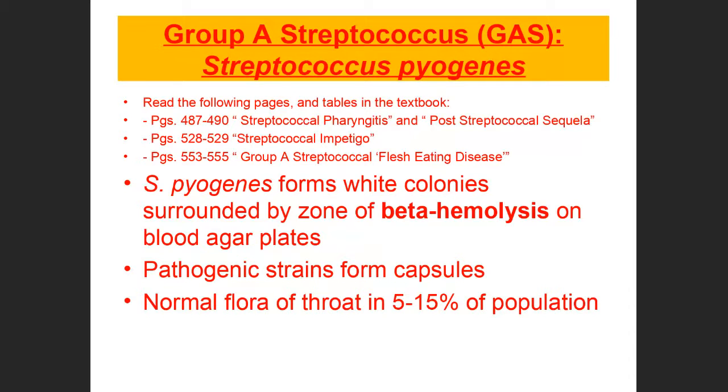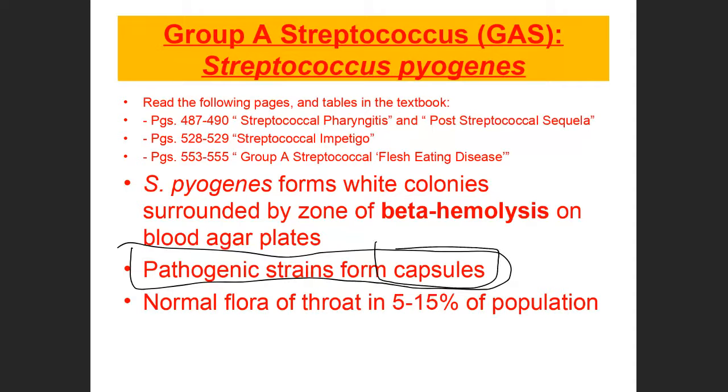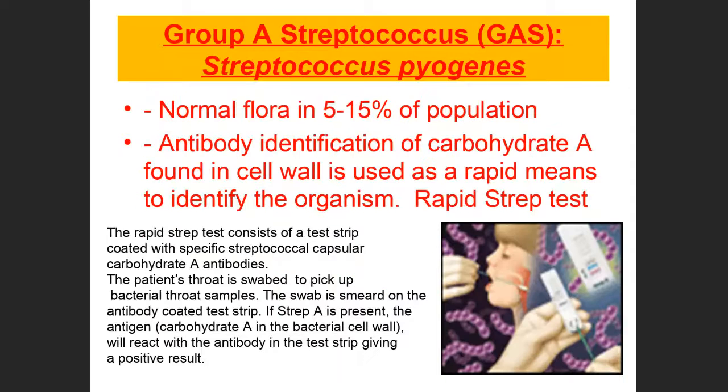It is very pathogenic. Many of the strains have capsules. It is normal flora in the throat of about 5 to 15% of the population. And the medical community has been working very hard to try to lower this number of carriers of the organism, because the organism is ultimately very virulent.